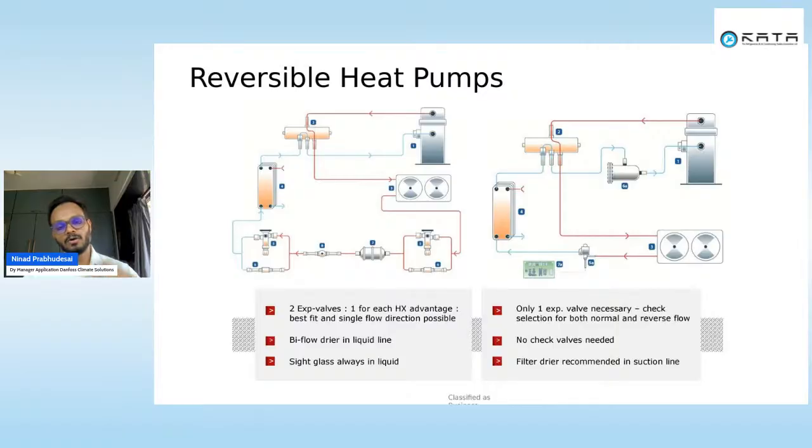Now let's say you want the opposite cycle, then this four-way reversing valve will switch the cycle, and your discharge will go from this side, and your cycle will be reversed, and where you were getting the heating, there now you will get the cooling. So this is a very common example of a reversible heat pump, where you can use either one expansion valve, or a single bi-flow expansion valve, or two expansion valves. So the reversible heat pump is one of the other types.